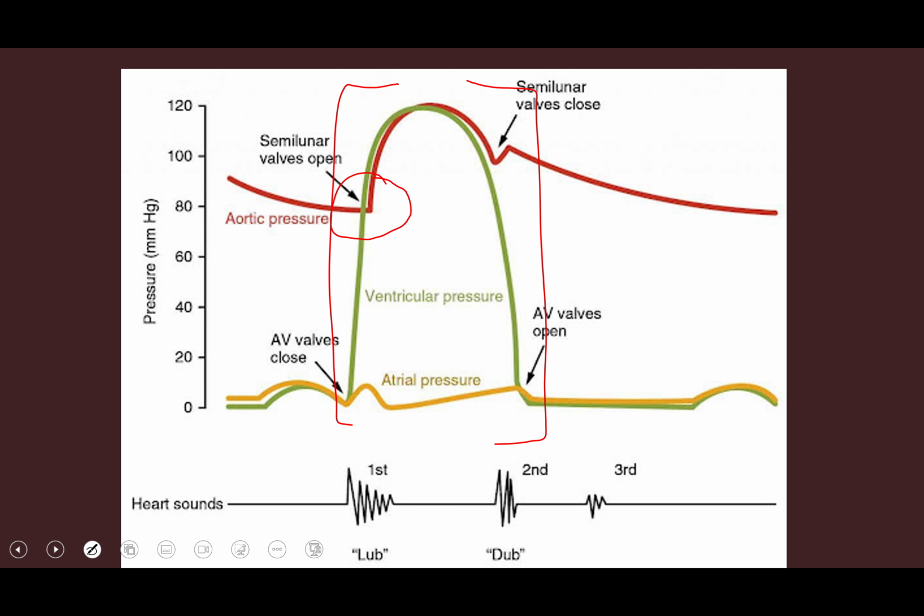The valves always open when there's a switch in pressures, right? Between which one is greater and which one is smaller. So when ventricular pressure now surpasses the aortic pressure, the semilunar valves open and cause the blood to flow, right? And then after a while, the blood would have been leaving the ventricles, see where it surpasses it now, and now the valves close.